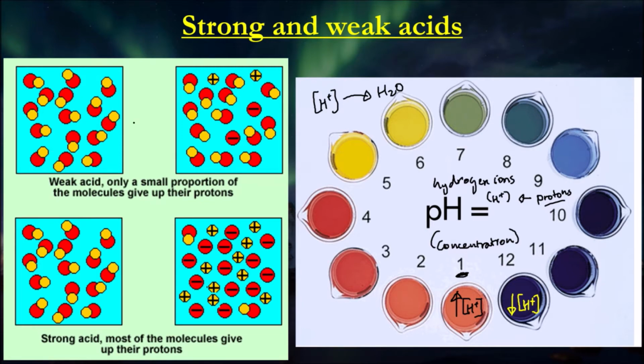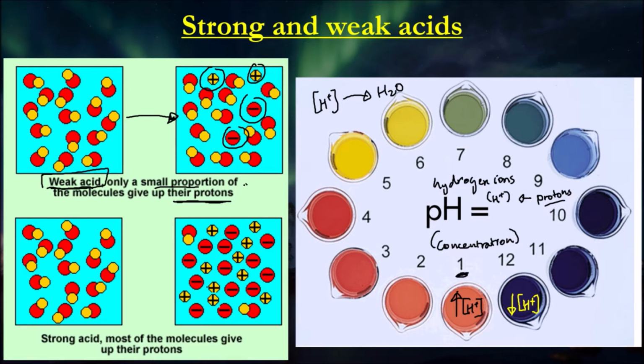So in this case here, our transition from here to here is an example of a weak acid. You can see because we only have a very small amount of ions being released in the water. Okay, so a small proportion of molecules give up their protons. That's what we mean by a weak acid.